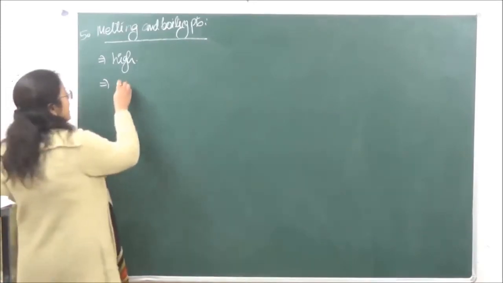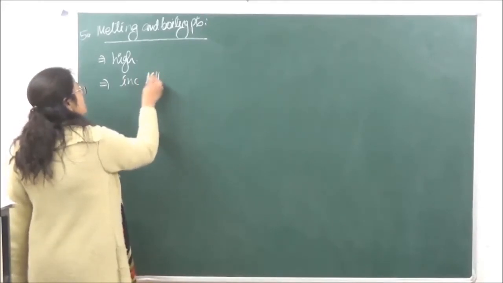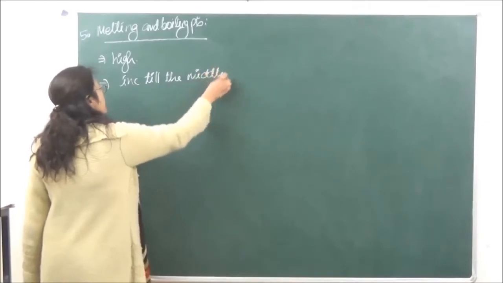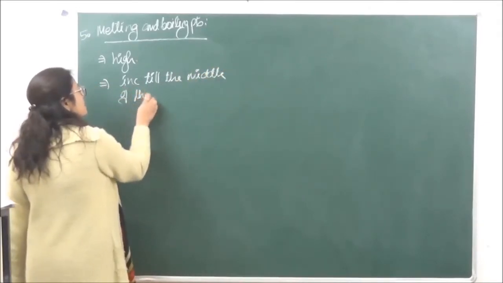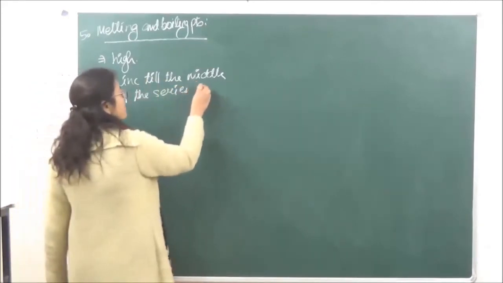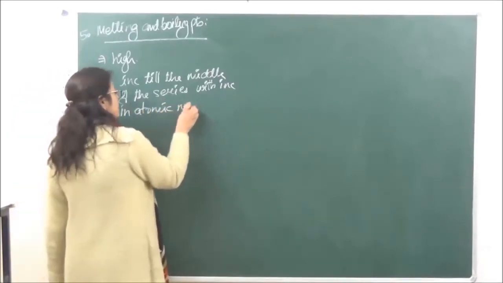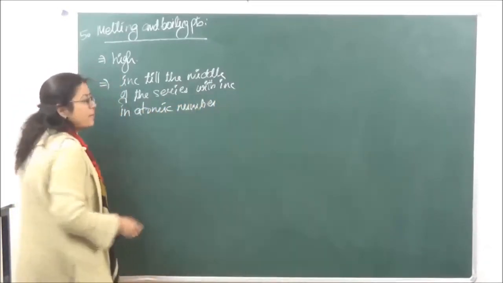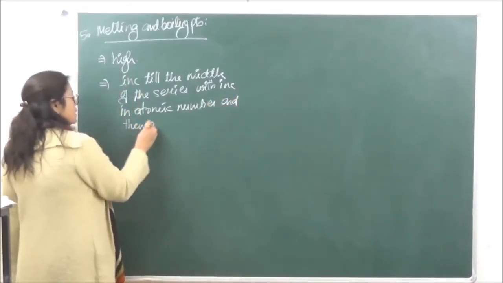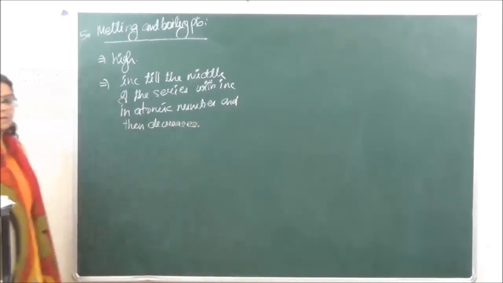So, we are saying that melting point increases till the middle of the series with increase in atomic number, and then decreases.